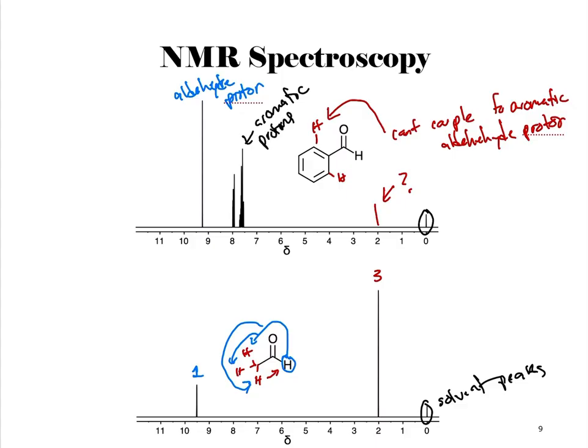And those ones we talked about in the chapter on aromaticity, those are shifted downfield a bit because of the ring current that we get in the aromatic pi system here in the center of the benzene ring. And so that's how we would look at 2 examples of NMR spectroscopy.